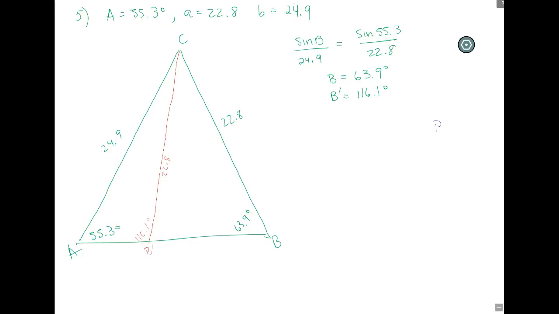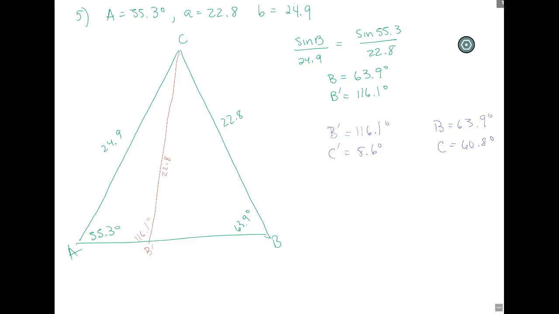So I'm going to go ahead and write B is 63.9 degrees in our first triangle, and in our second triangle it's 116.1. We need to still find angle C, but we're also going to have a different angle for C prime, because C is going to be this angle here, but C prime is just going to be this angle here.